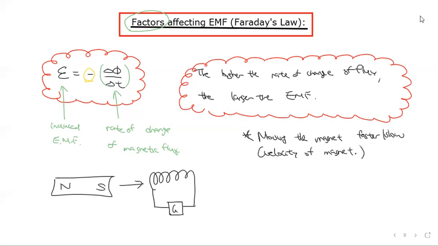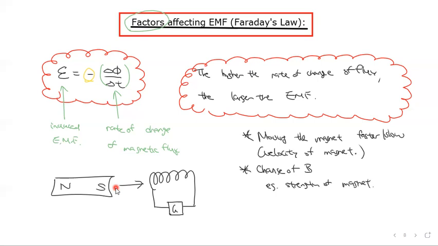Now, not only that, but if I had only one weak magnet versus one strong magnet, then you can imagine that the stronger magnet would have a bigger change in the flux because, well, the B is higher. So anything that changes the magnetic field strength, such as the change of B, would affect change of flux. So in my example, the strength of the magnetic field, or the strength of the magnet here.